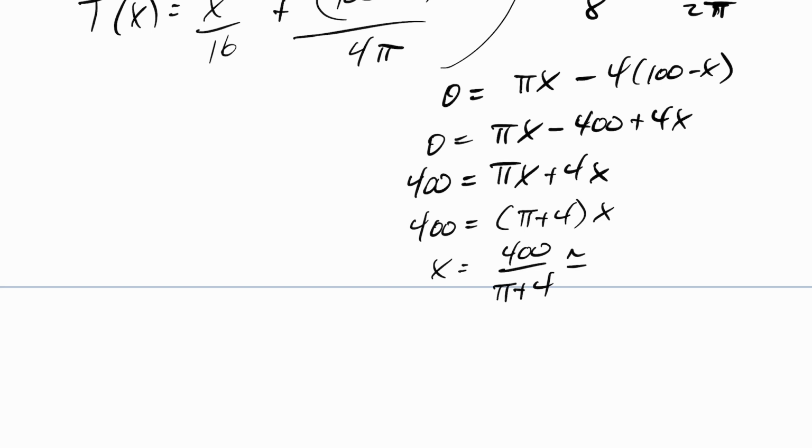If I calculate this, 400 over (pi plus 4) is 56.01.